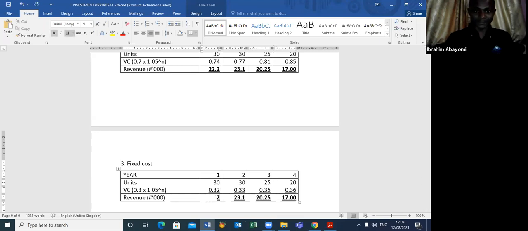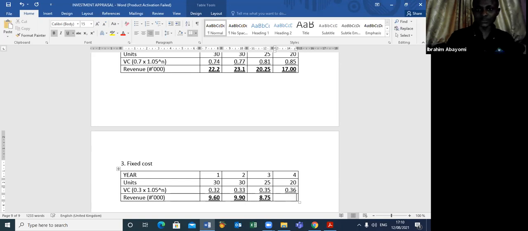So let us multiply. 0.32 times 30 will give me 9.60. 30 times 0.33 will give me 9.90. 25 times 0.35 will give me 8.75.